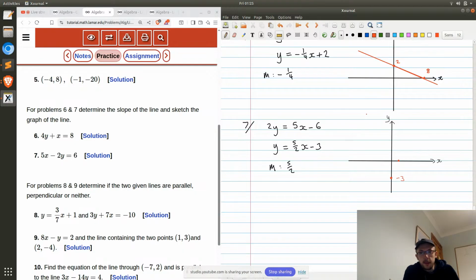And then I connect them up. And be sure to mark out that point that you just worked out. 6/5, make it clearer. There.